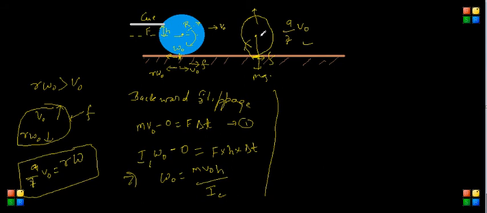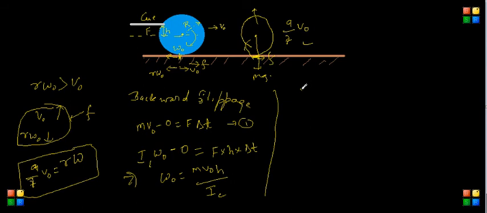So we may say that the angular momentum of the ball is conserved about an axis passing through any point of the floor and perpendicular to the plane of the ball. So I can use conservation of angular momentum instead of the equations of dynamics here. Initially my velocity was v naught and I had an angular velocity of omega naught.